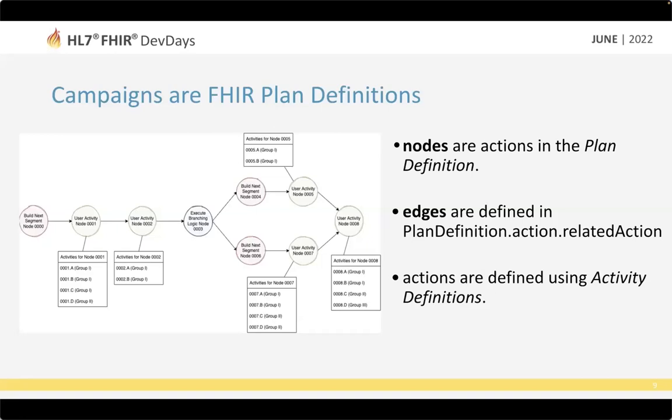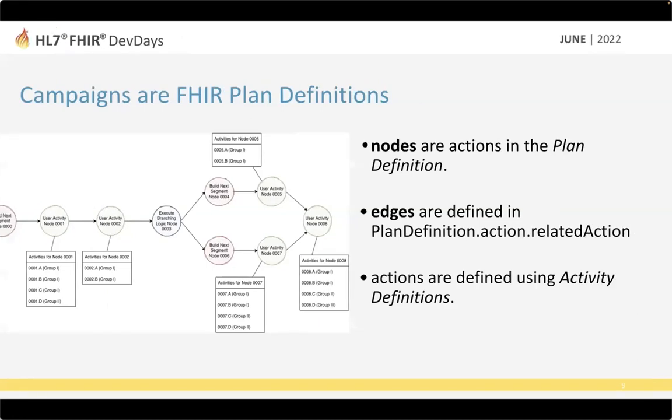We can use the related action element within action to define the directed edges between the different nodes. And finally, we can use activity definitions to define what the user needs to do in order to complete a node. We can also use activity definitions to define what payers or providers or whatever they need to do in order to complete a node if that node is assigned to them.